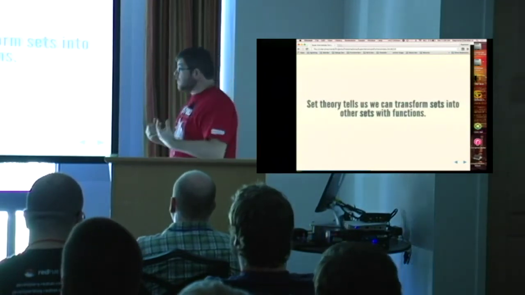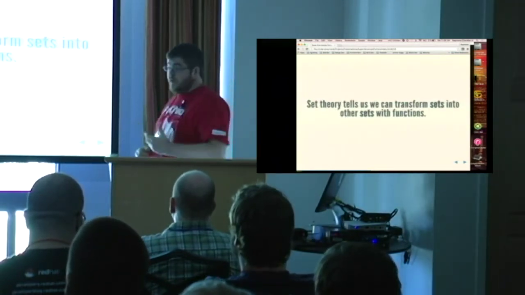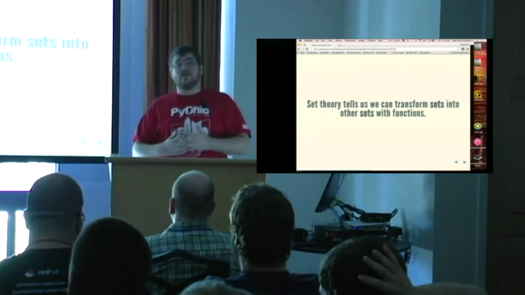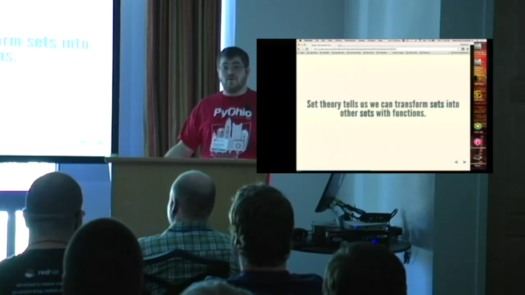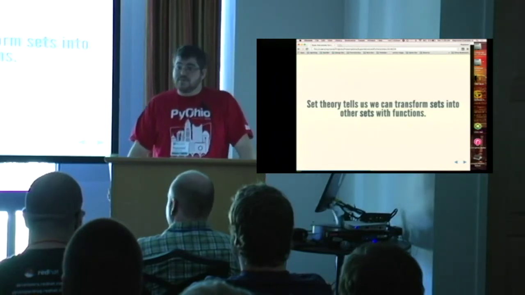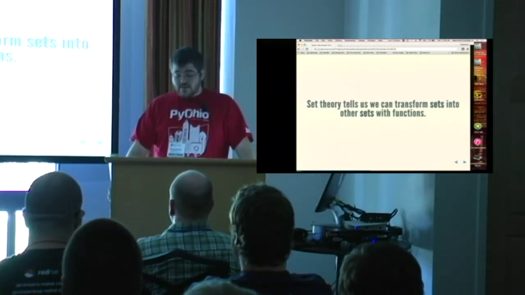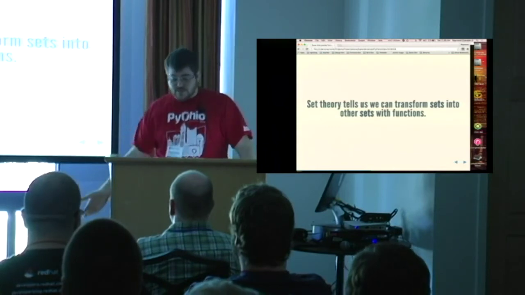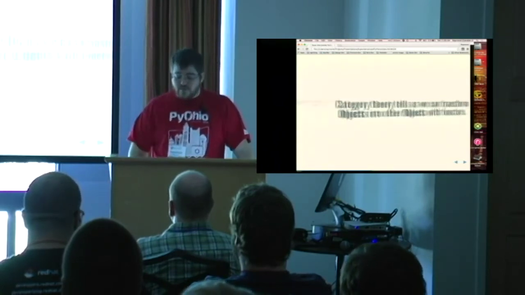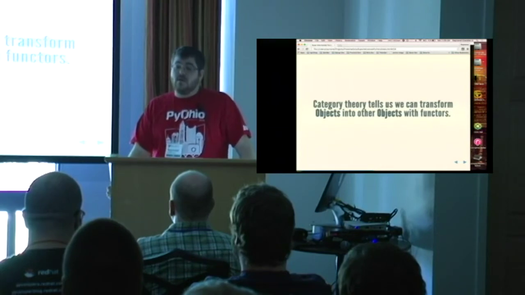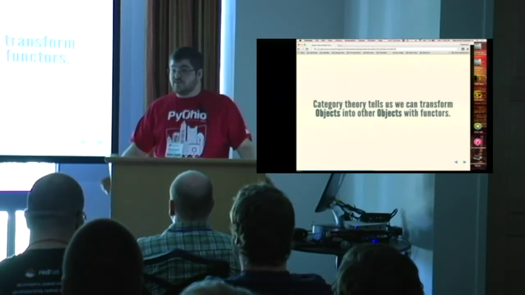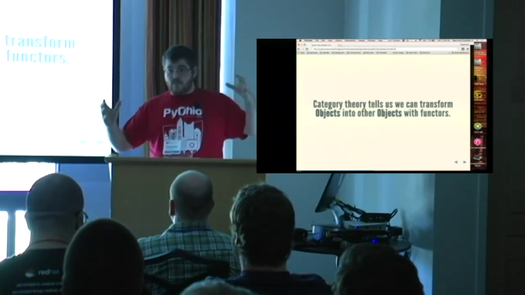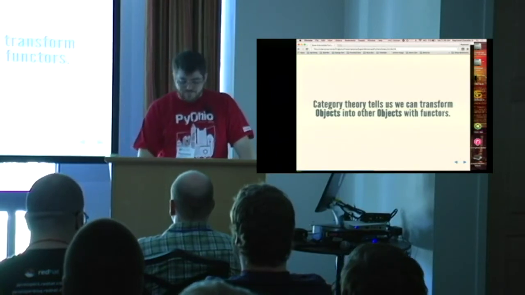But what's even cooler is when we think about set theory, which doesn't really care about order or structure, because sets are unordered collections of distinct items, right? So set theory tells us that we can transform any set into any other set with functions. But category theory tells us that we can transform any category into any other category with functors, which apply mappings over that entire category.